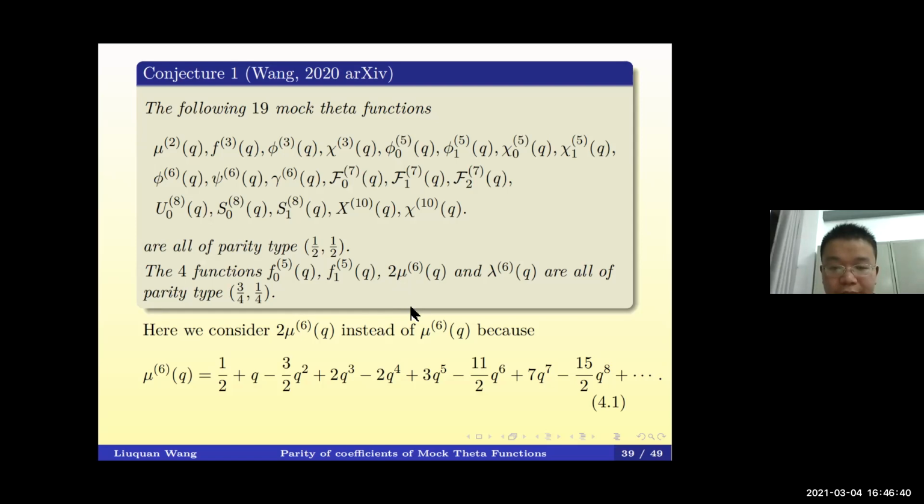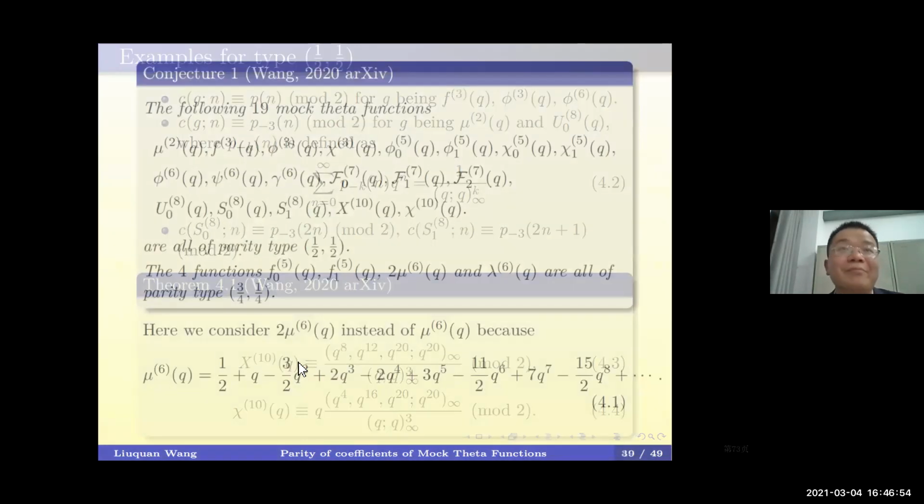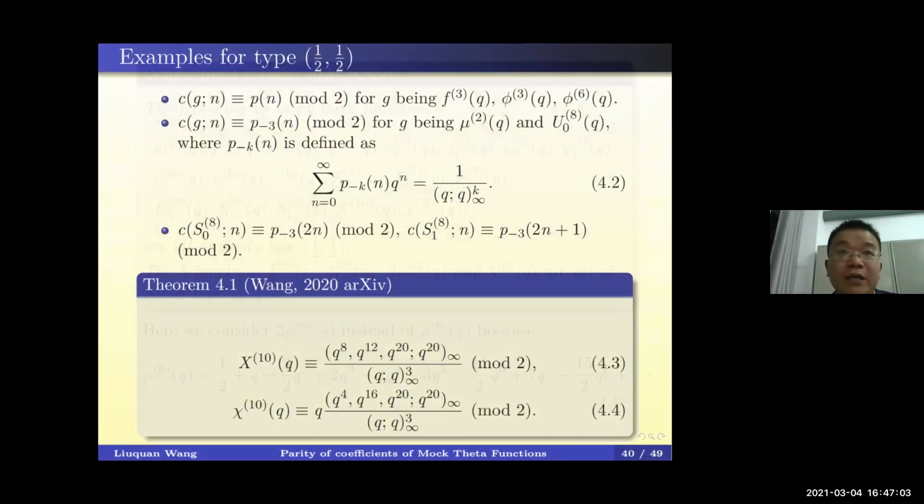Because in the original definition of mu of Q, we have half integers as coefficients, and of course we want integer coefficients. So we multiply it by 2. Although there are 23 functions left, some of them are related to each other. So actually, we do not need to consider all of them.